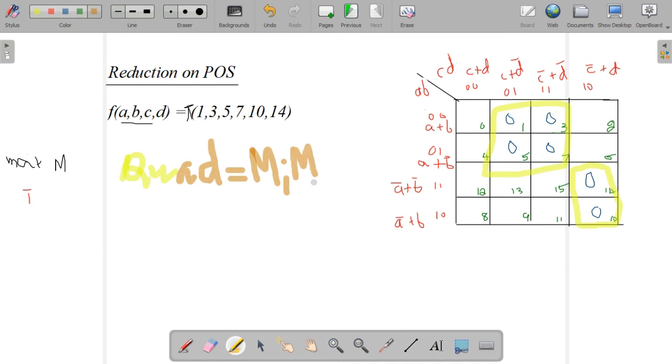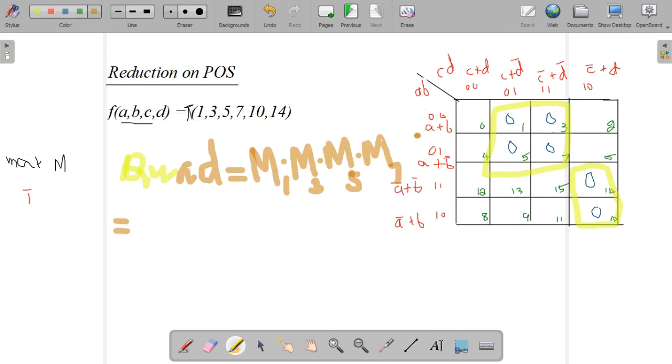Remember this is a product of sums, so we have to multiply. That is the dot here. This is the way we write the maxterm designation numbers.